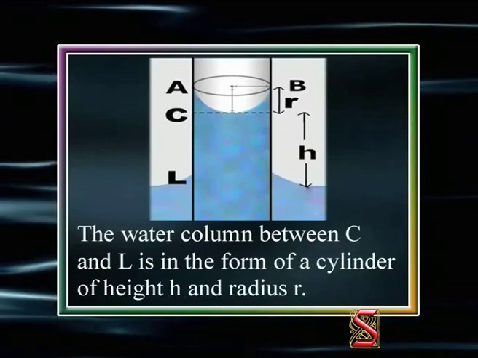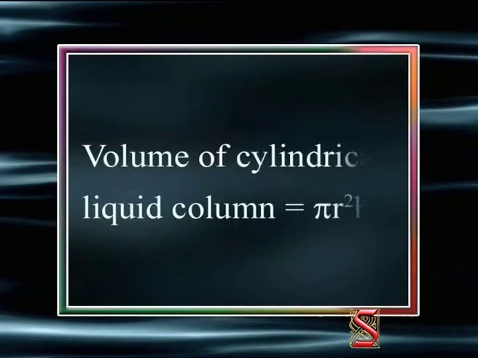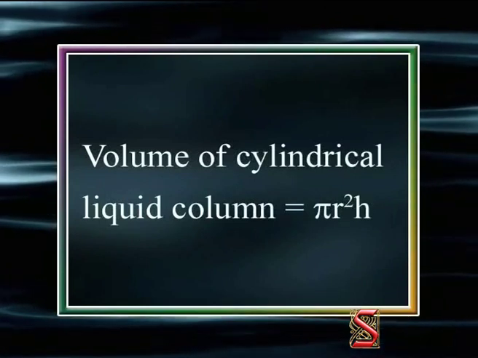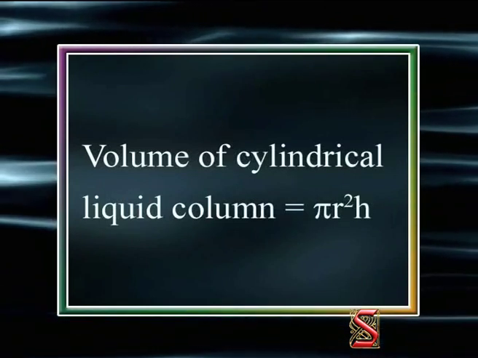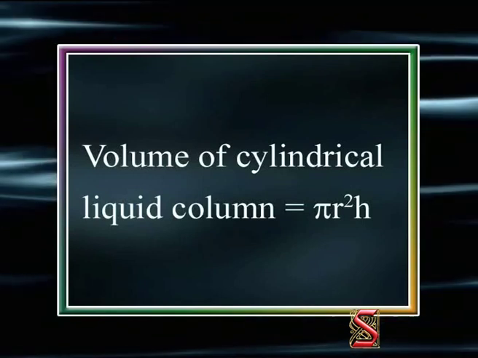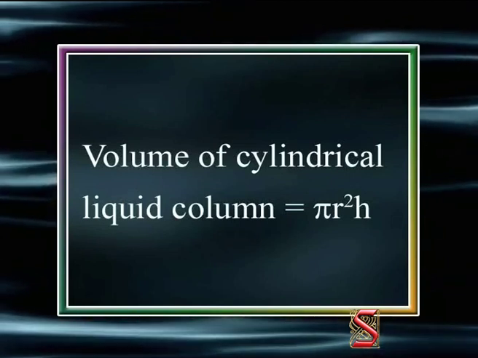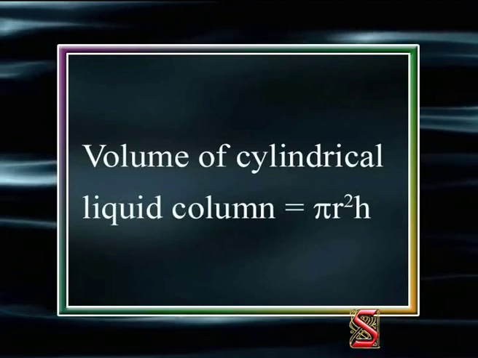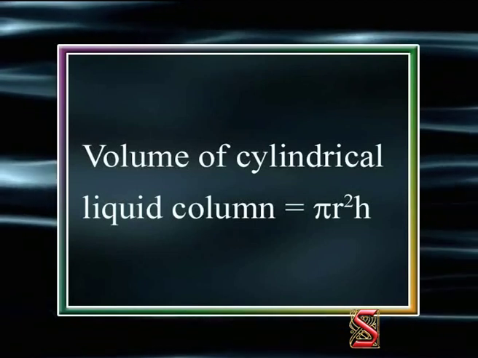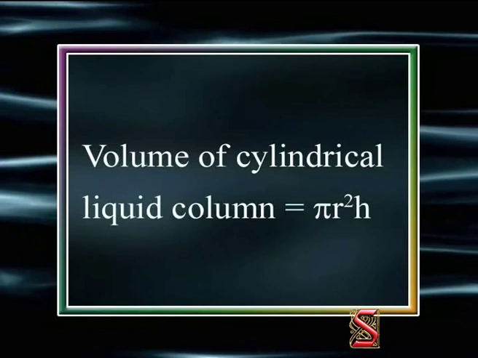You may observe this in the actual experiment. The volume of the cylindrical liquid column is pi r square h, because the liquid is in the form of a cylinder, where r is the radius of the cross section of the cylinder and h is the height.